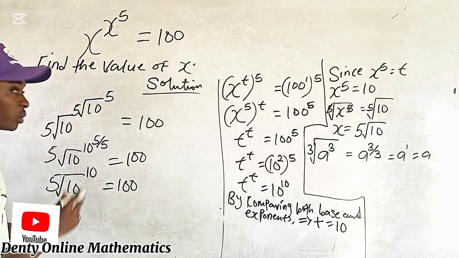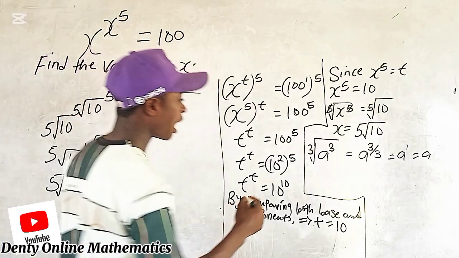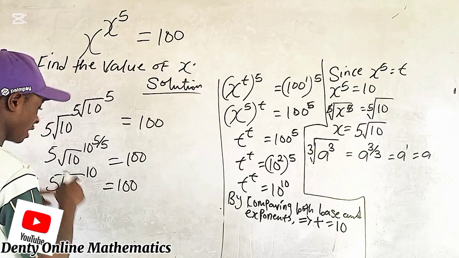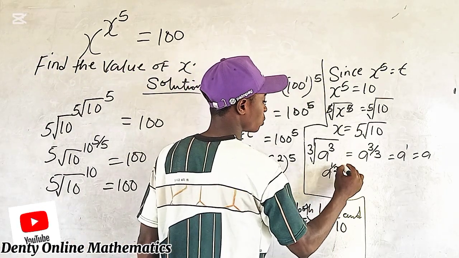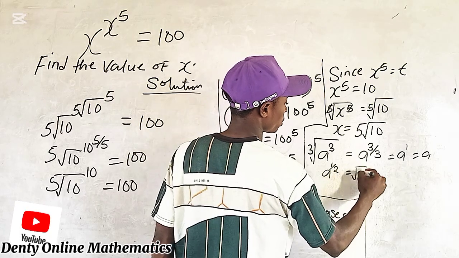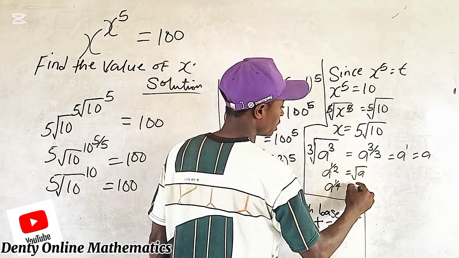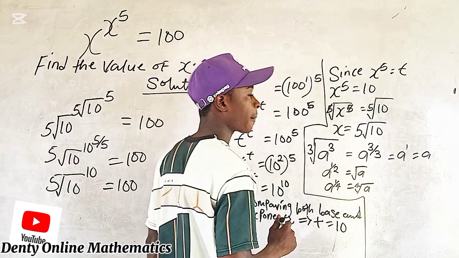Now, at this point, we also have the fifth root of 10 raised to the power of 10. I want to explain what we have here. If you have a raised to the power of 1 over 2, it's the same as saying the square root of a. And if you have a raised to the power of 1 over 4, it's the same thing as saying the fourth root of a.